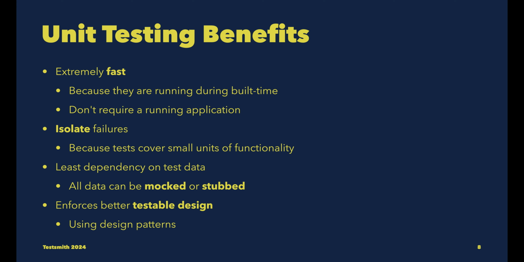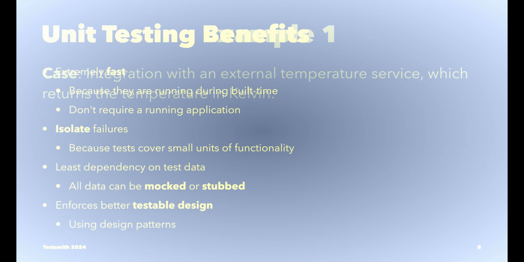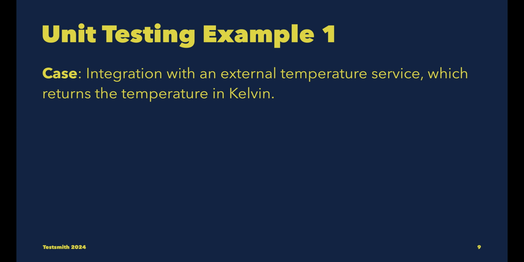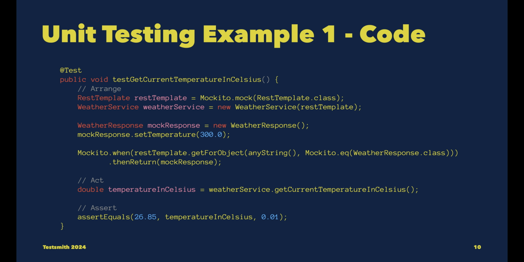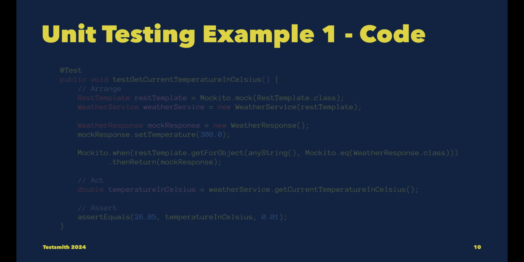Guided by some cases, I want to show you some unit tests. This case is about some code that integrates with an external service that returns the temperature in Kelvin. Here, we are setting up the necessary objects for the test.